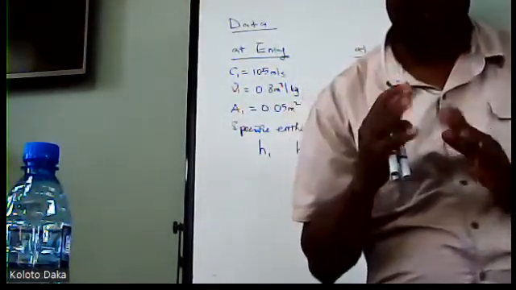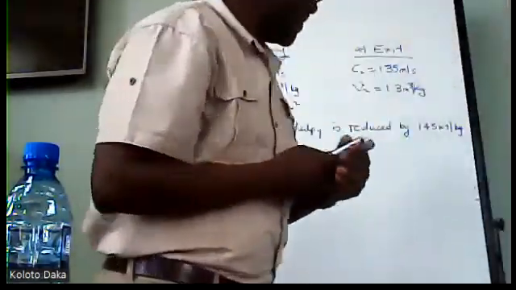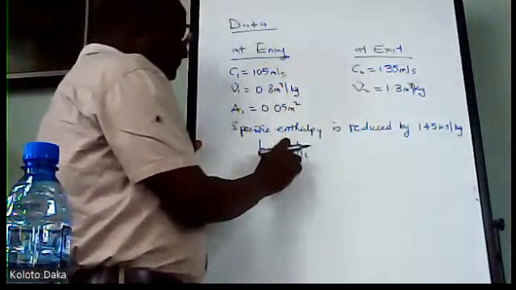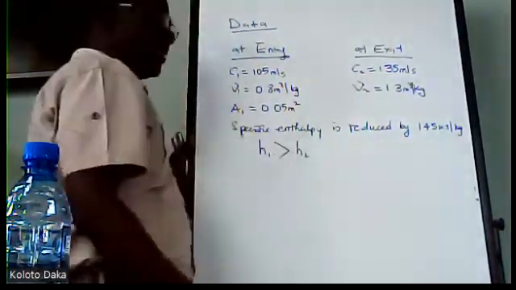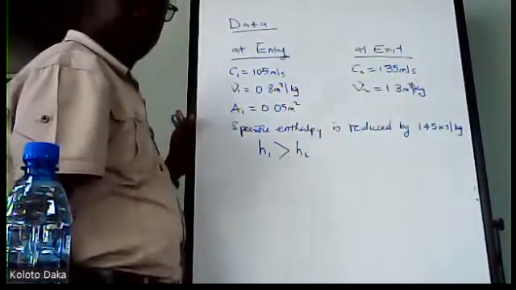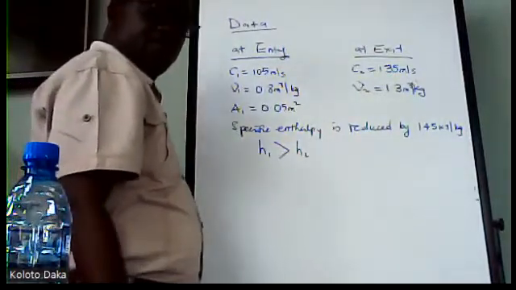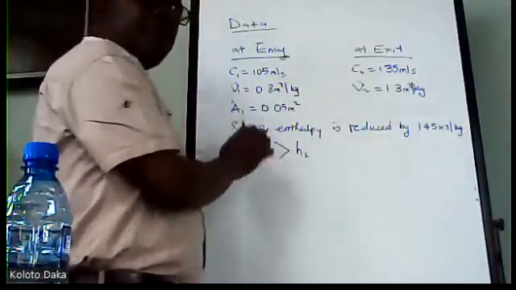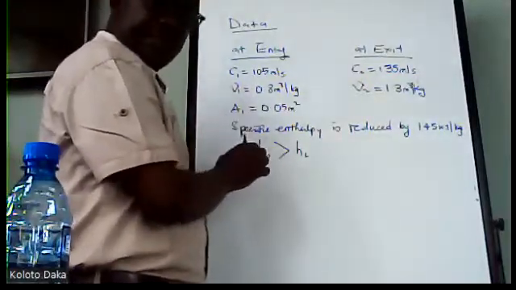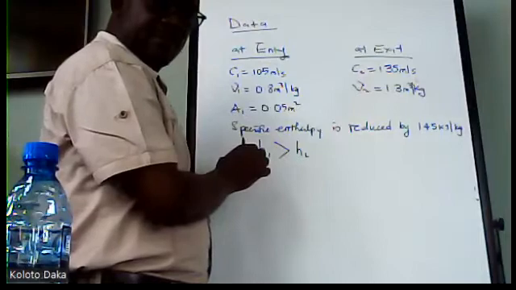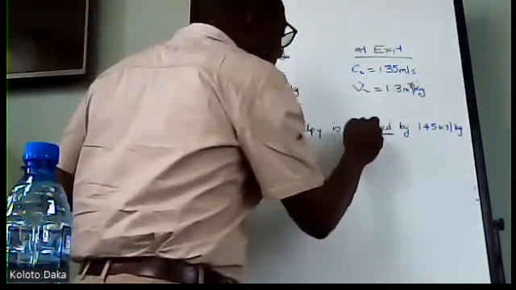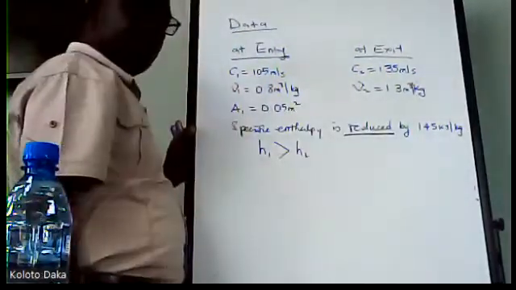The reduction simply means that H1 is greater than H2. Is that correct? Yeah. Reduction means that H1 was bigger at the entry. Is that okay? Yes, it's okay. Because I've said it has reduced.